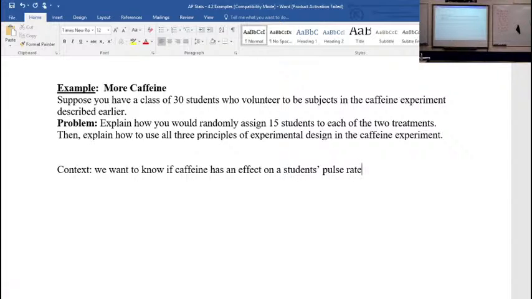That's the experiment that we want to do. So we have 30 students, and we want to assign them to different treatments.